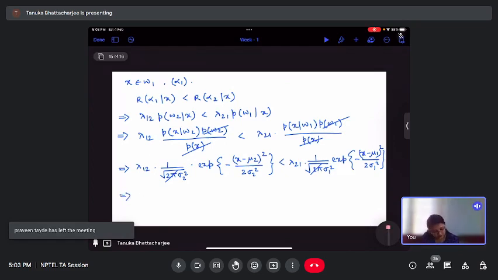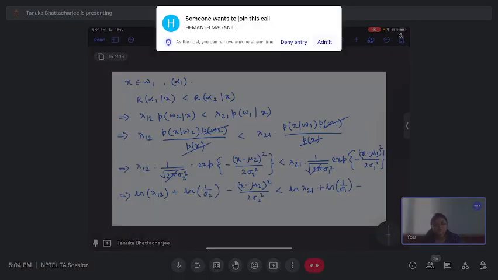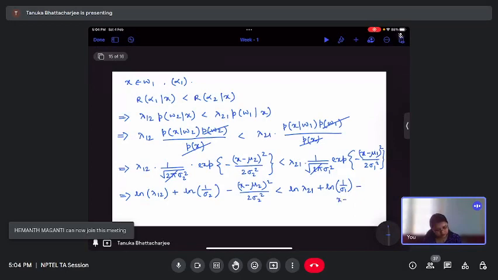If we take the log, this becomes log of lambda 1 2 plus log of 1 by sigma 2 minus, this is already exponential, we are taking the log, so we will just get the exponent, that is (x minus mu 2) whole square by 2 sigma 2 square, and this should be less than ln of lambda 2 1 plus ln of 1 by sigma 1 minus (x minus mu 1) whole square by 2 sigma 1 square.